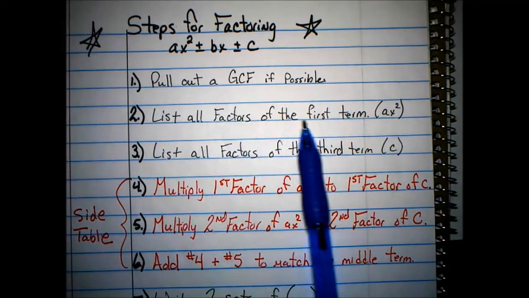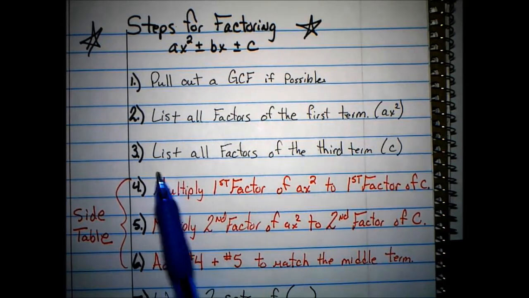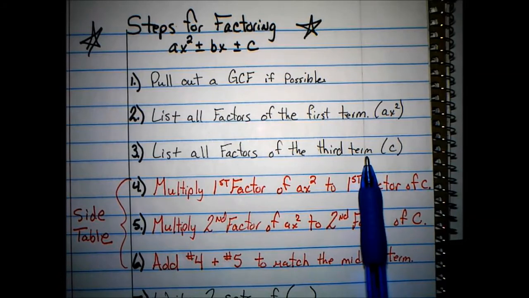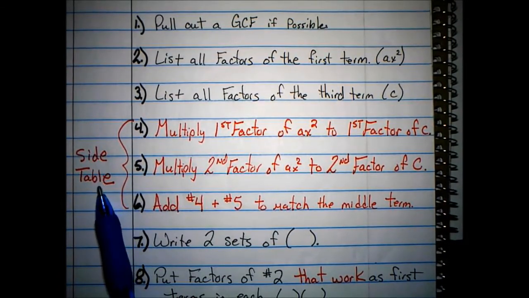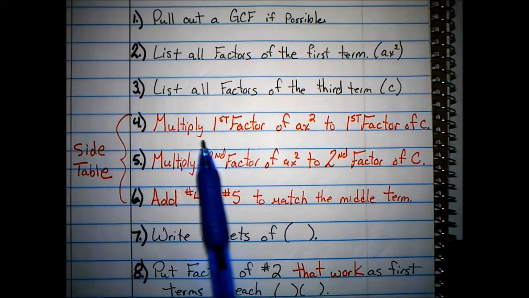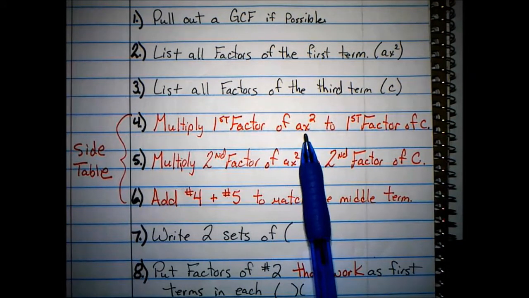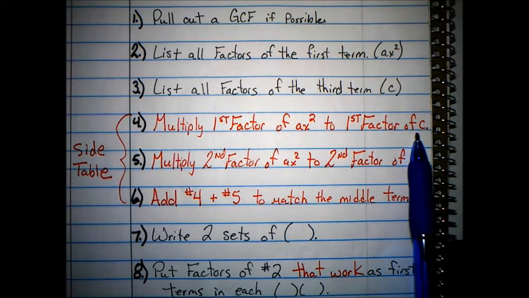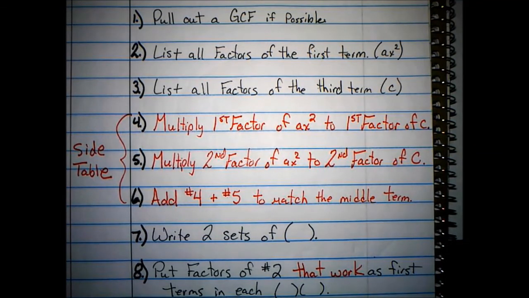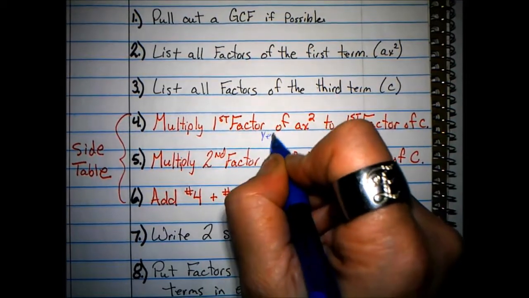List all the factors of the first term. Then we listed all the factors of the third term. Then this is where I created the little side table, and that's why I have this written here. And this is where I multiplied the first terms of the ax squared times the first factors of the c. And this is where I highlighted it in yellow. This was my yellow highlighter.